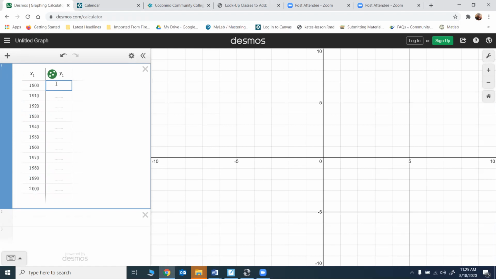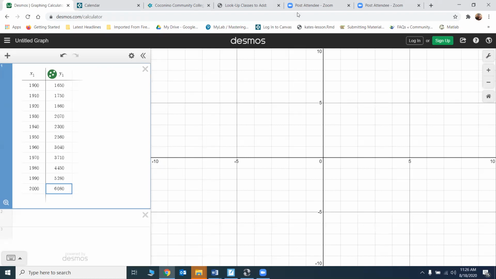And then my y values are 1650, 1750, 1860, 2070, 2300, 2560, 3040, 3710, 4450, 5280, and 6080. And then I want to graph them.